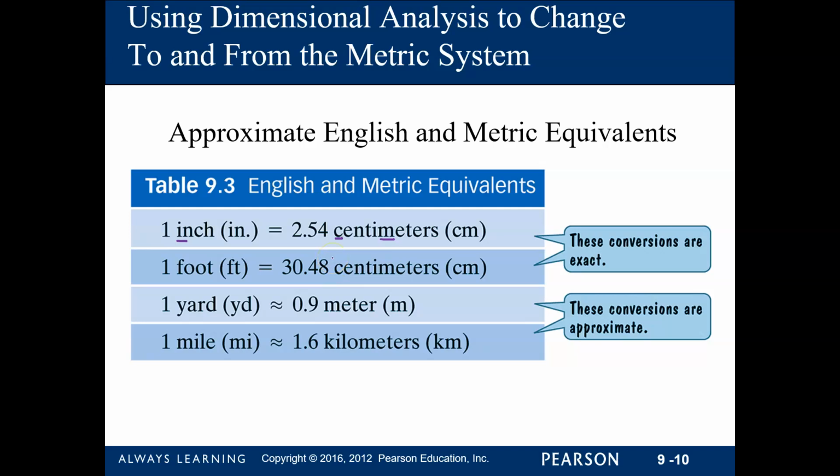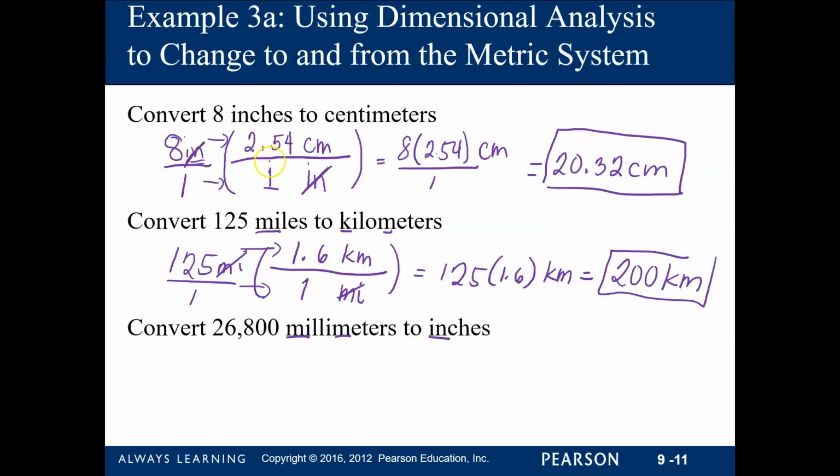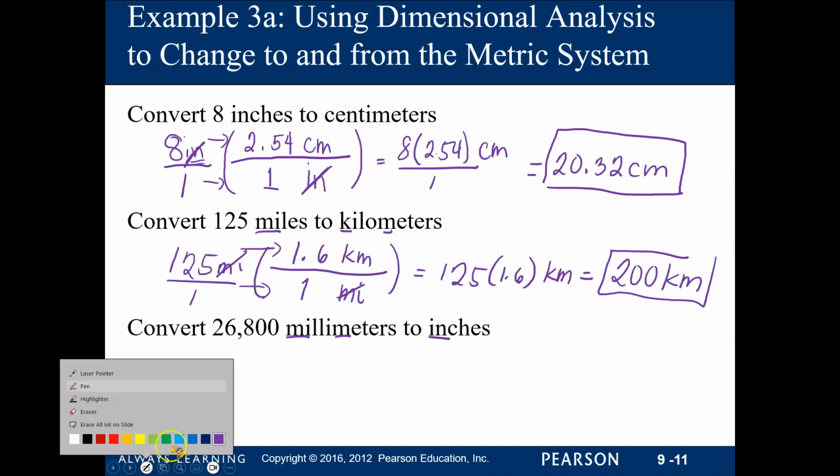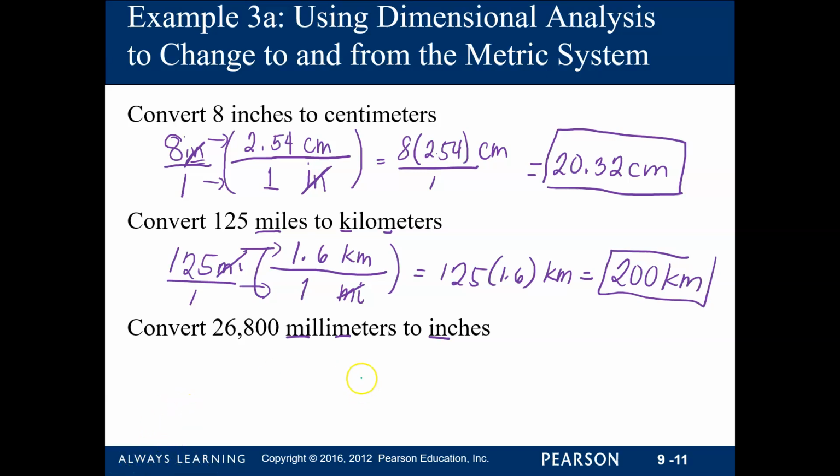How are we going to proceed with this conversion? In this scenario, wherein the given unit converted to the desired unit is not present in the table, you can devise a plan. You have to think, is there a way that I can change millimeters to something that is changeable to become inches?